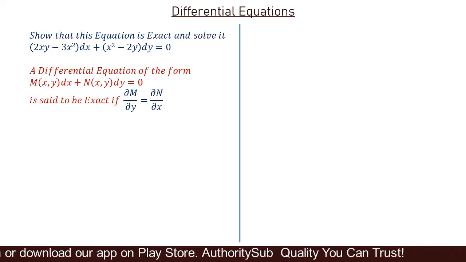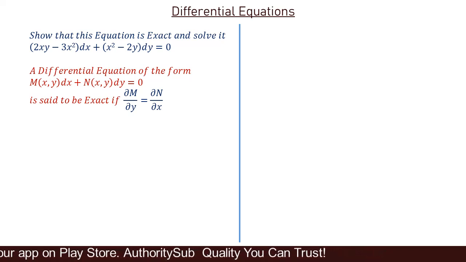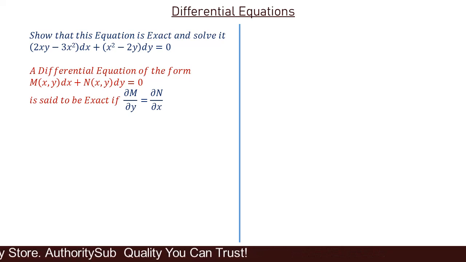When these two derivatives are equal, then we say that the differential equation that this M and N are coming from is called an exact equation.